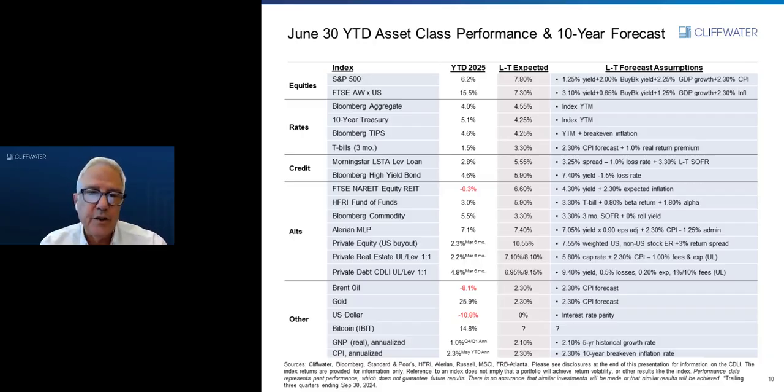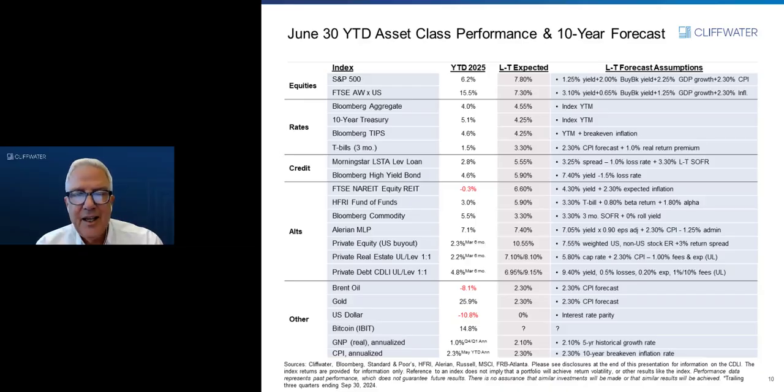Short-term rates, because Fed funds were cut earlier in the year, T-bill returns are down a little bit. If we look at credit, basically, public credit earning their yield.